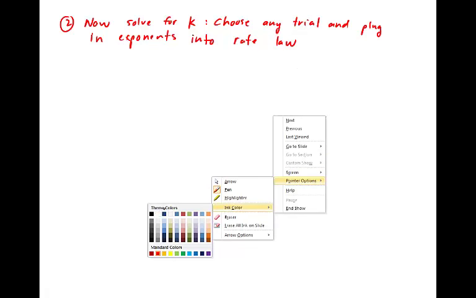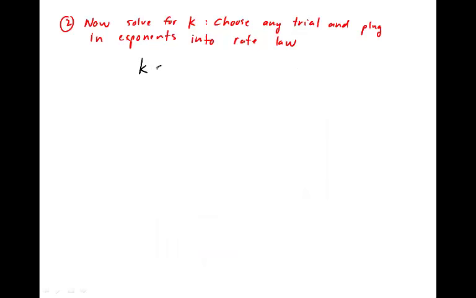So rate equals k. So pick any trial from the experimental data, and now that we know what x is, we just put 1 here because we know that from the first part.